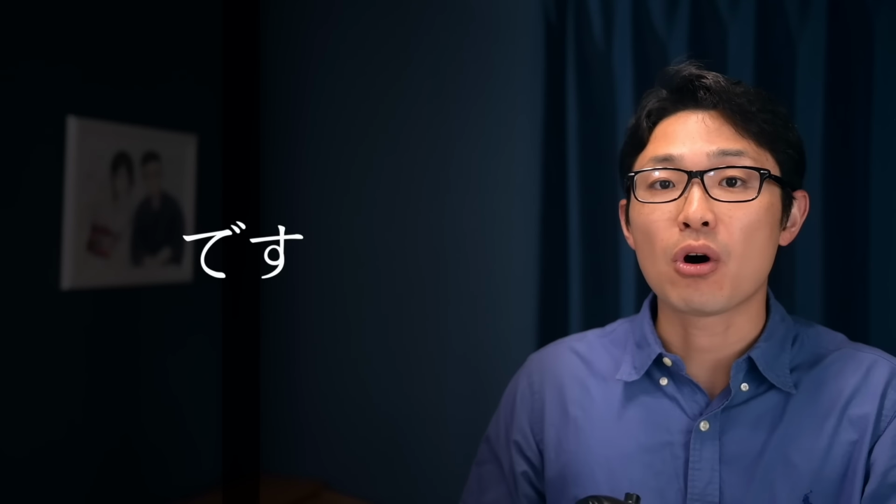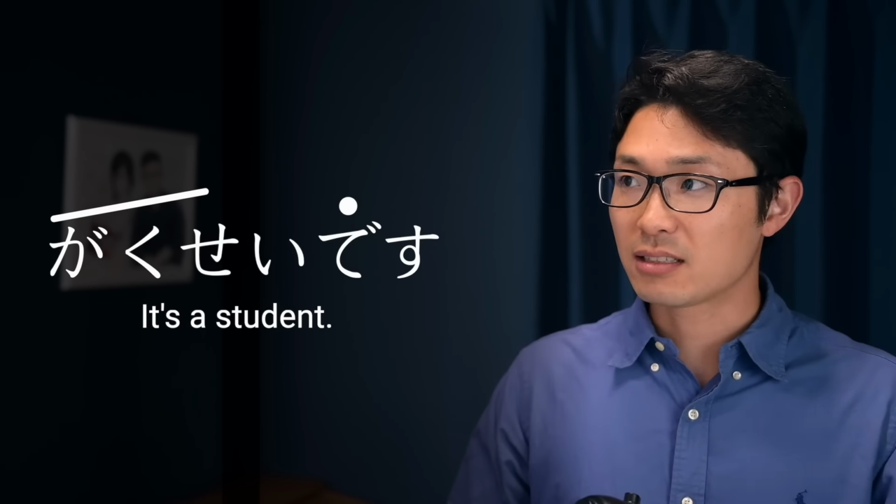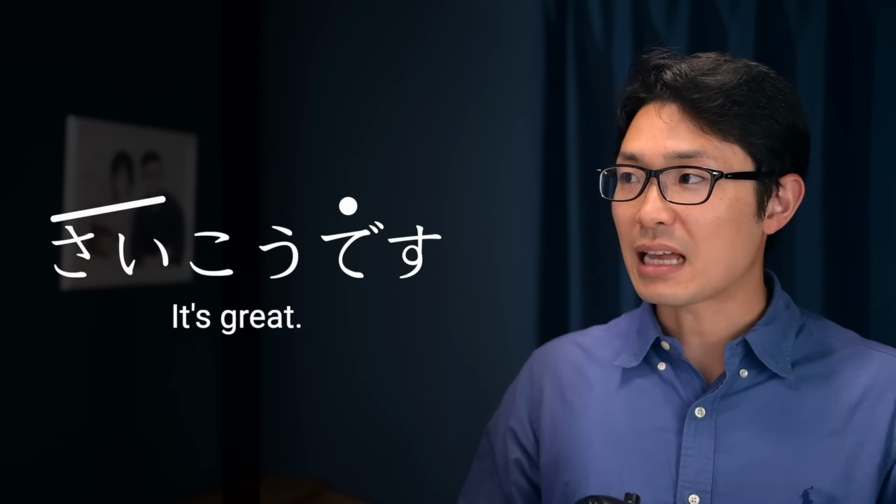Then what if you attach desu onto a word? If you attach desu to a flat word, the accent comes on de. Watashi desu, gakusei desu, saikou desu. But if you attach this to an accented word, you treat this as a flat word.